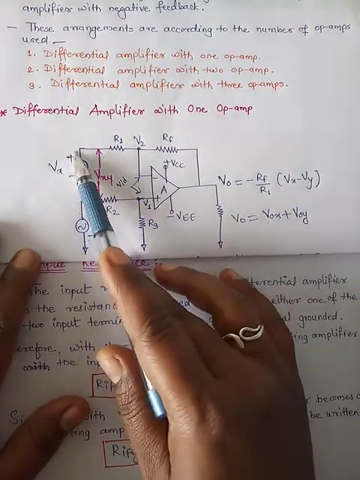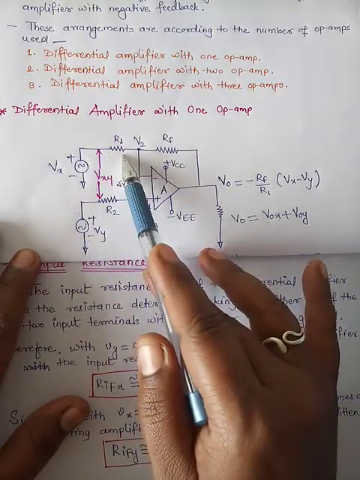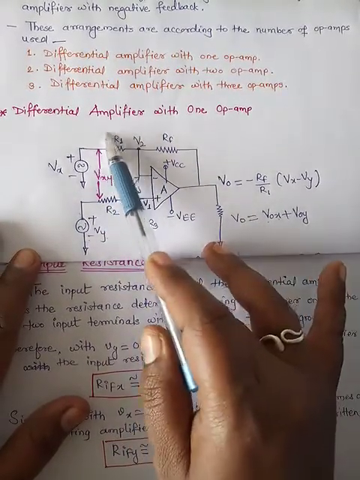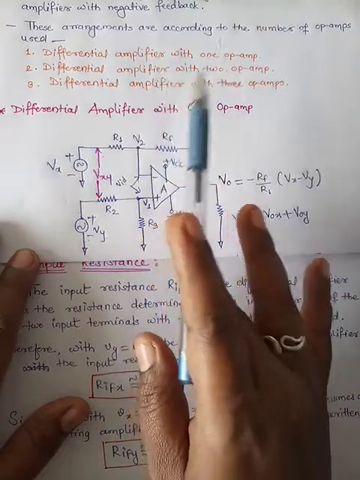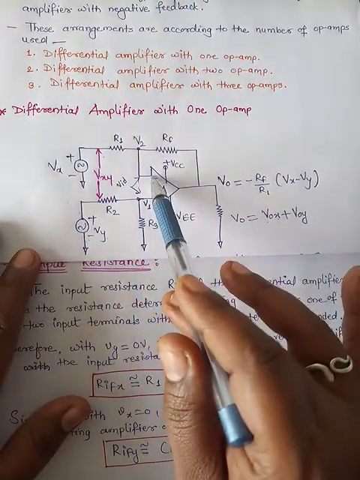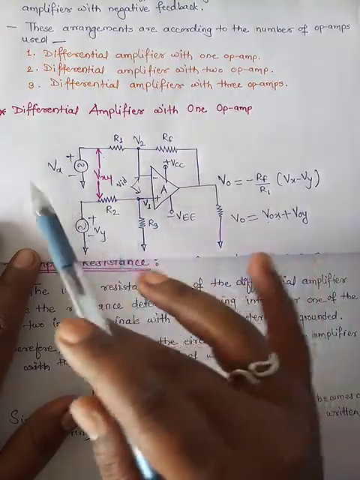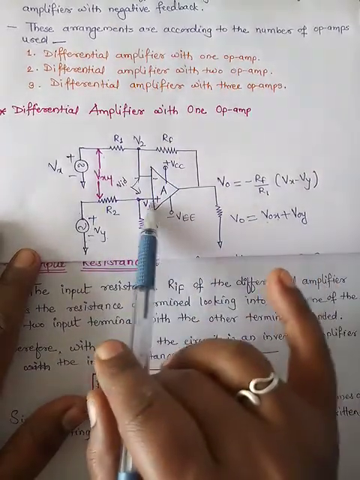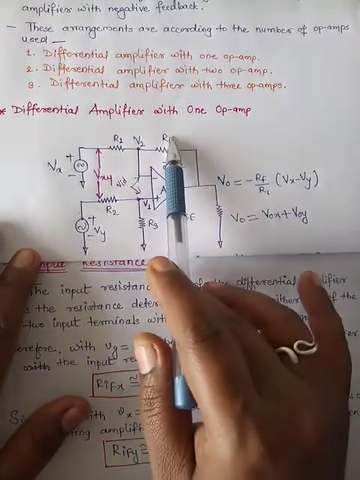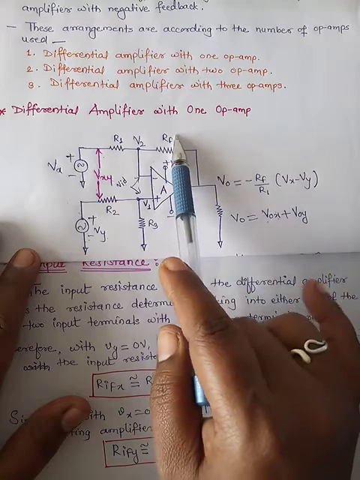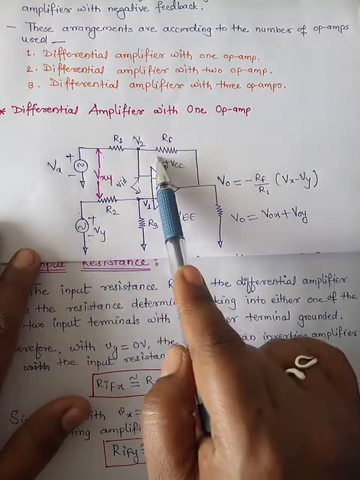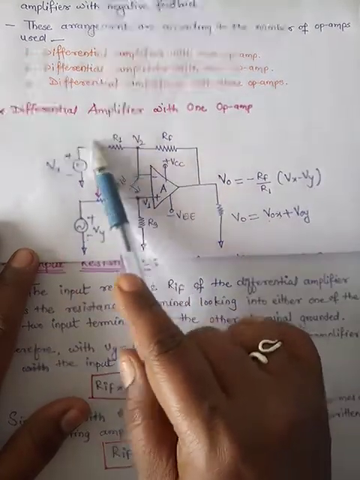When Vx is present and we are looking into this input terminal, R1 is the input resistance present. Actually we know that there is an internal resistor Ri, and to find the input resistance of the inverting amplifier, we have Millerized the feedback resistor Rf. In the previous lecture we saw how to find the input resistance of the inverting amplifier.